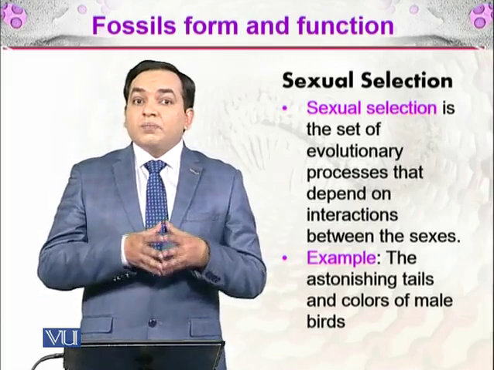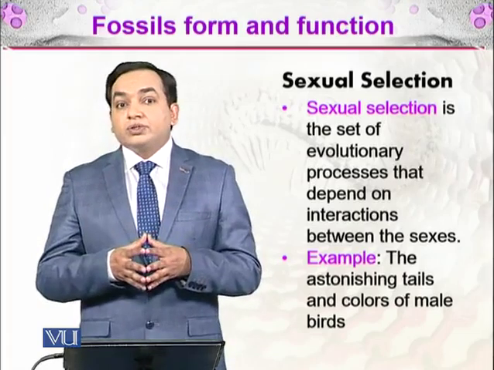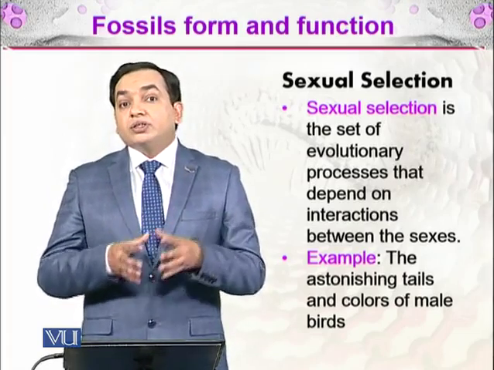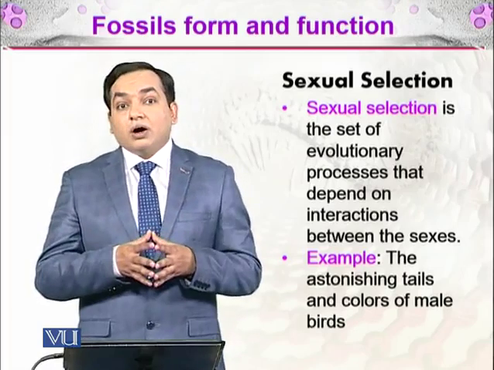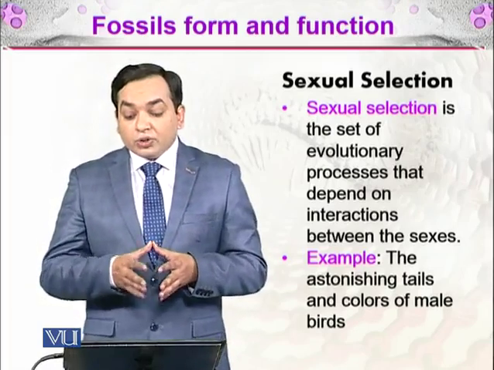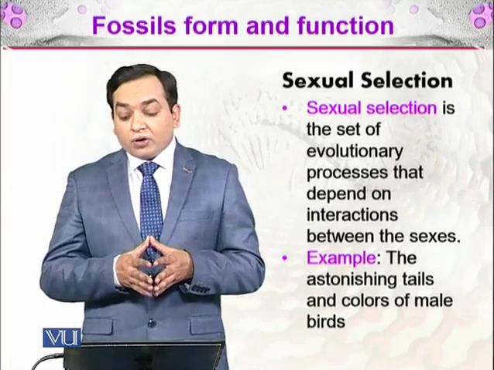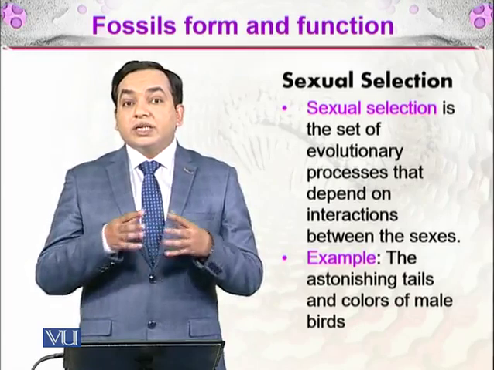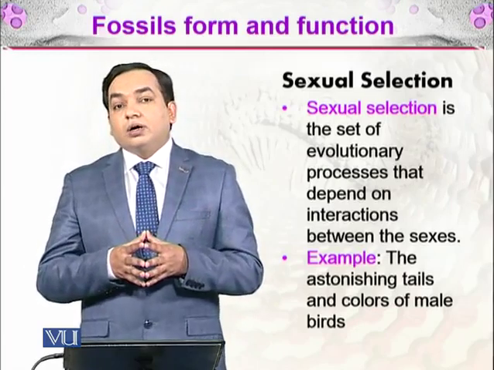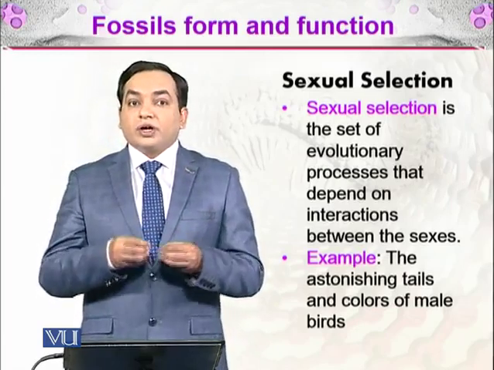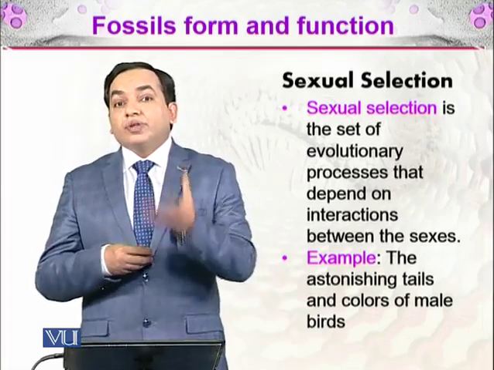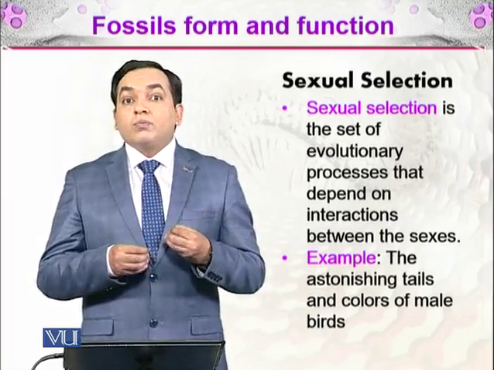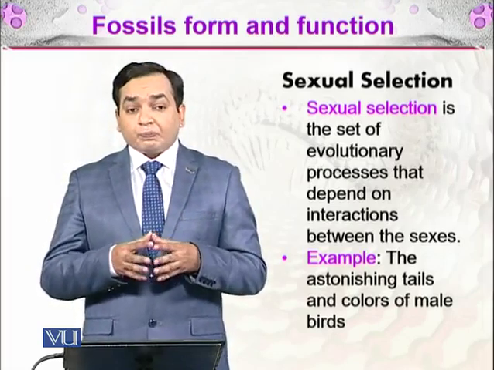The peacock, the male, has very beautiful patterns on its feathers or plumage, and based on it, the female is choosing her life partner. So the astonishing tail and color of male birds are sort of acting as a selection for the female birds, and female birds are attracted to those feathers, and they will reproduce with such males who have more beautiful or more astonishing plumage.